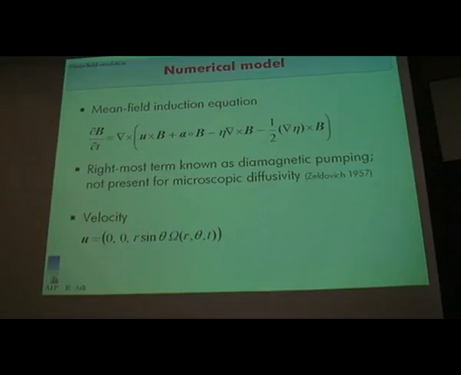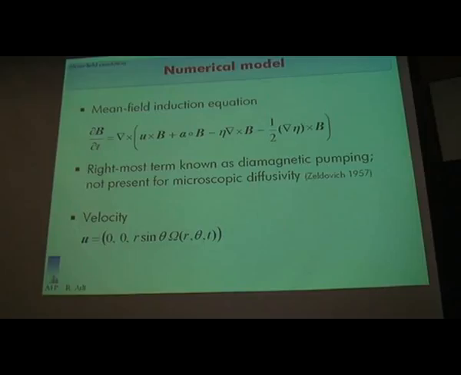So we have the alpha equation. We have an eta which varies with radius. That also means that if you say this turbulent eta is coming from turbulence, then the turbulent gradient will also produce a diamagnetic pumping, which is the last term in here.